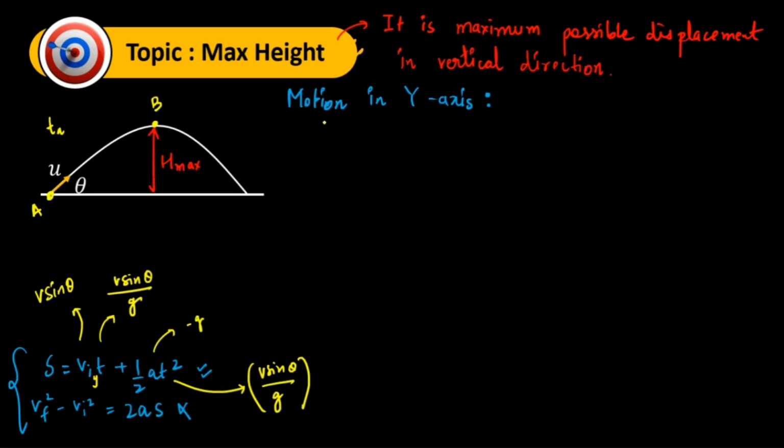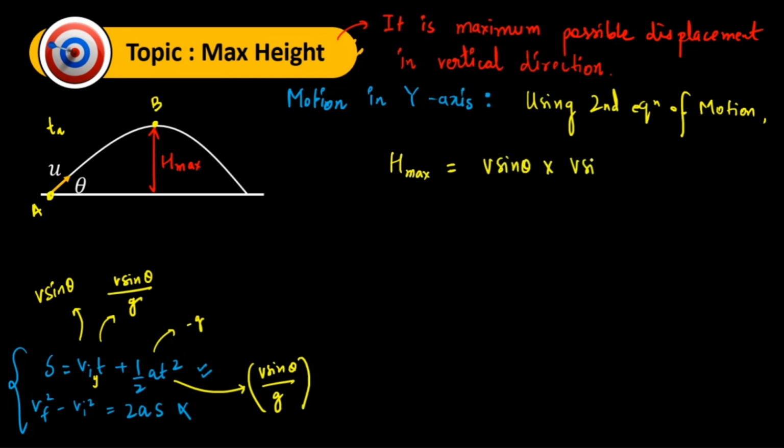So here we'll be solving motion in the y-axis using the second equation of motion. This can be written as h max equals, what is v I y? It is v sine theta. What is time? It is v sine theta by g. Similarly, acceleration is negative of g and time is v sine theta by g, whole square.